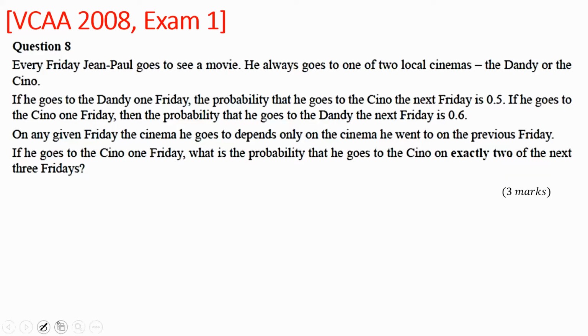I'll highlight the key word just so you can put your focus on it. I don't know if that was an obvious part, but that is your key part to answering the question.